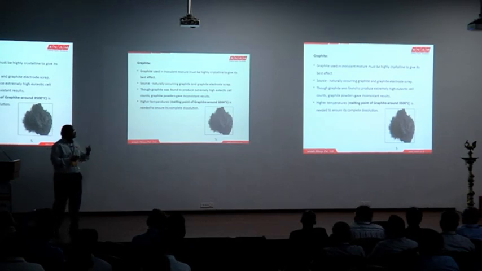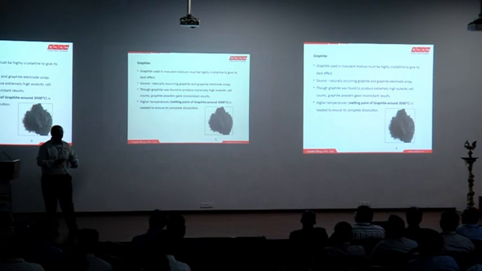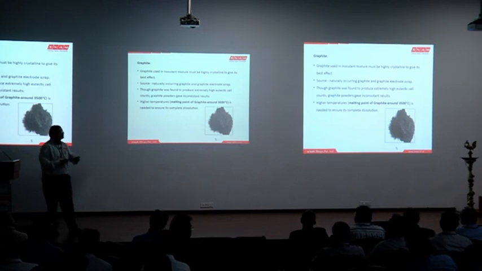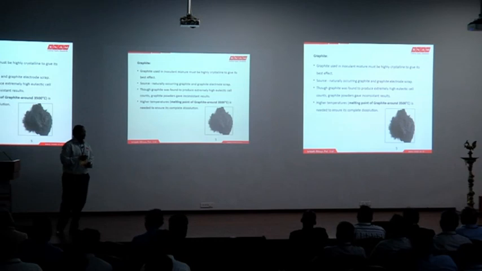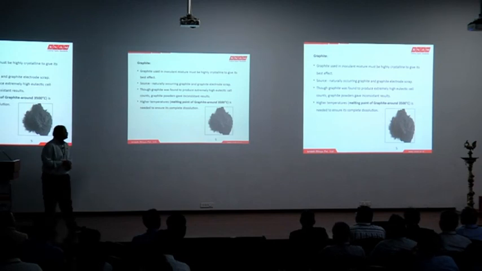Though graphite by itself is a graphite promoter or graphitizer, it gave very inconsistent results because of its varying chemical composition and impurity content. And one more thing, we operate at a temperature of around 1500 degrees Celsius, at which this does not melt or dissolve completely.